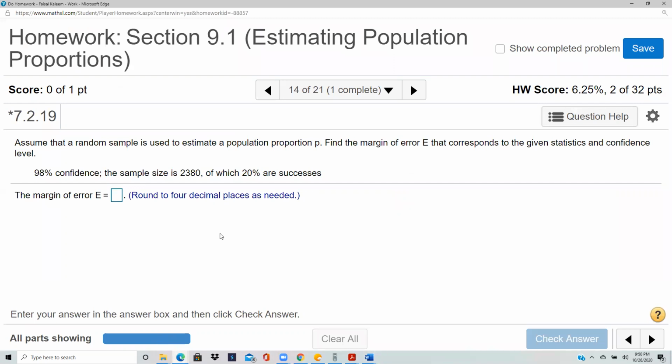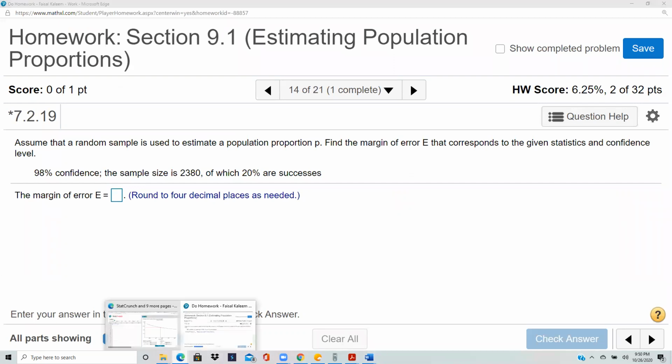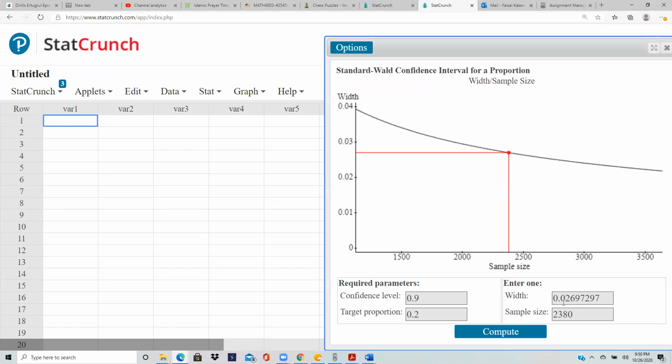We need 4 decimal places. So you're getting 0.0270, and you will divide that by 2. So that would be 0.0135. So you just divide this number by 2. It would be 0.0135.